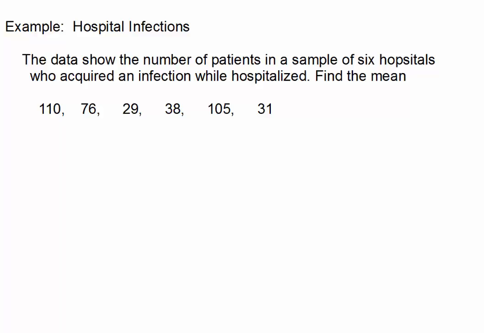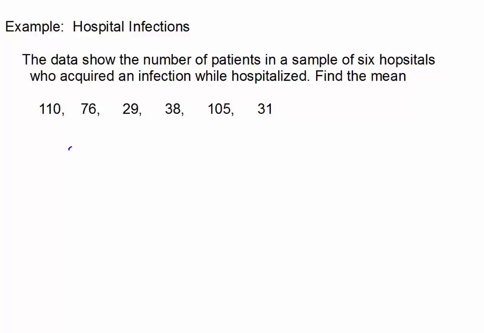So we have in one hospital there were 110 infections, in another hospital there were 76 infections, another there were 29 infections, 38 infections, 105 infections, and 31 infections. So as you can see, not all the hospitals have the same number, and so what we want to do is we want to find what's their mean, what's their average.